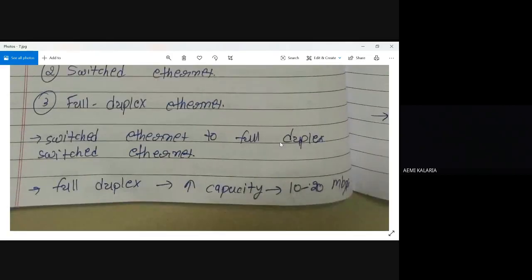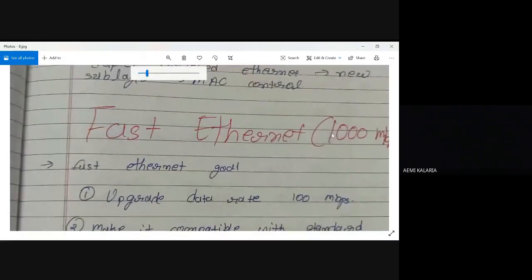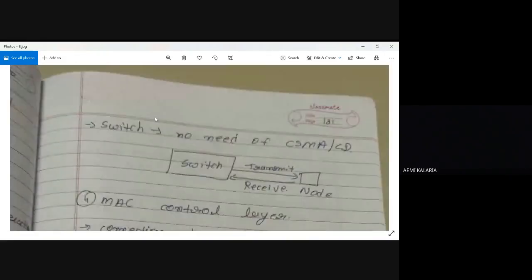So switched Ethernet to full duplex switched Ethernet. Full duplex will increase the capacity from 10 to 20 Mbps. So before going to Fast Ethernet, we have to change this kind of thing in our Ethernet. It will be helpful for us to increase the efficiency. Now, what is switched Ethernet?